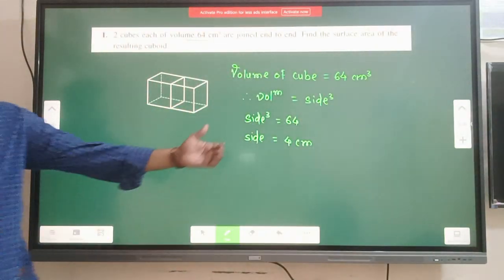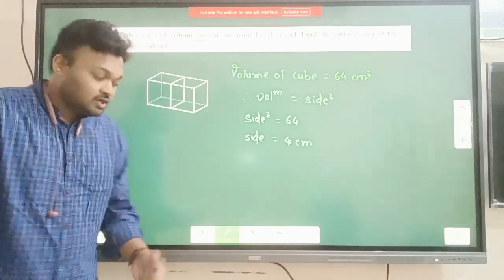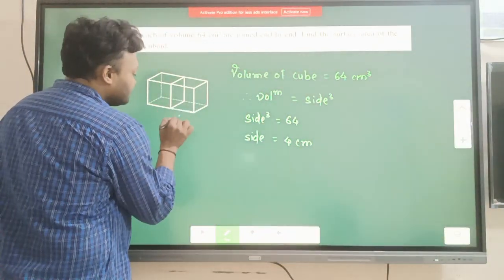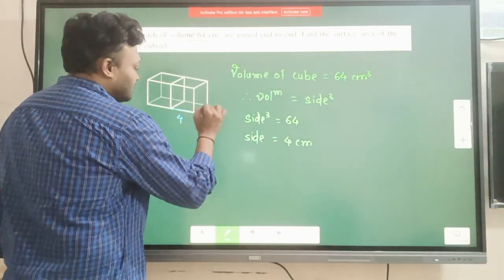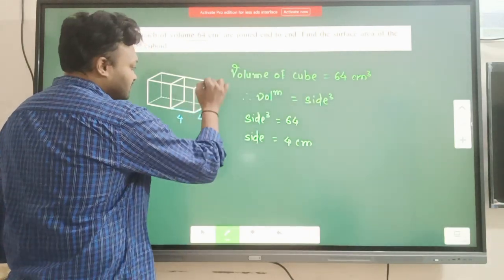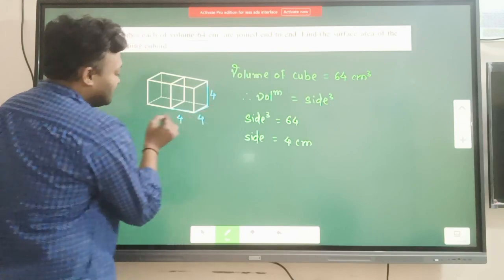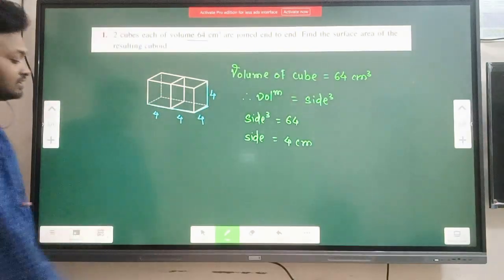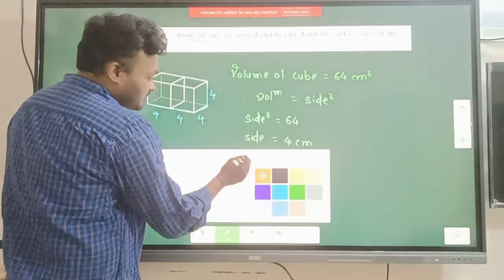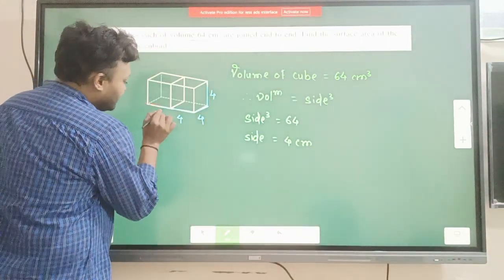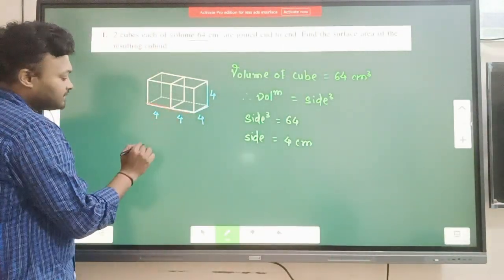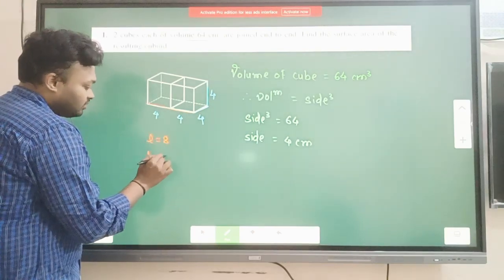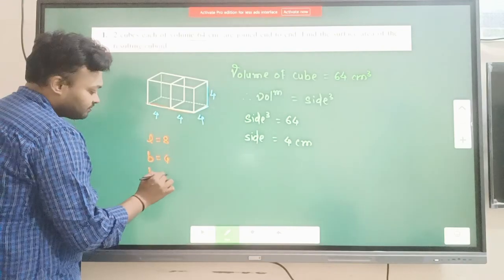Understood? Because 64 is the cube of 4. So we have a cube whose side is 4. Now, the breadth will also be 4, and the height will also be 4. Now we have 2 cubes, so we have 4 here. So that's it. We got a cuboid whose length is 4 plus 4. Length will be 8, width will be 4, and height will be 4.